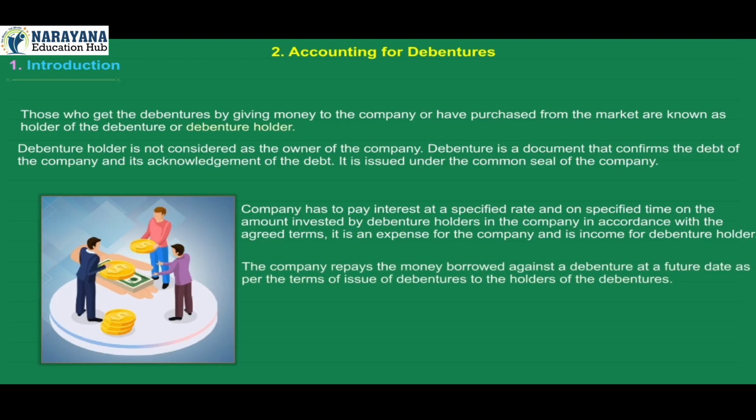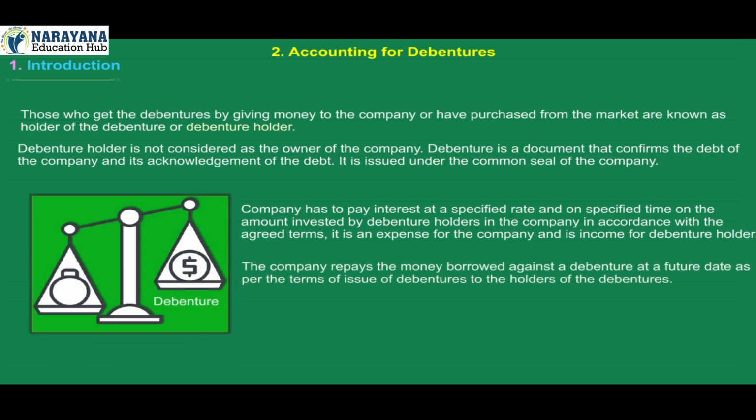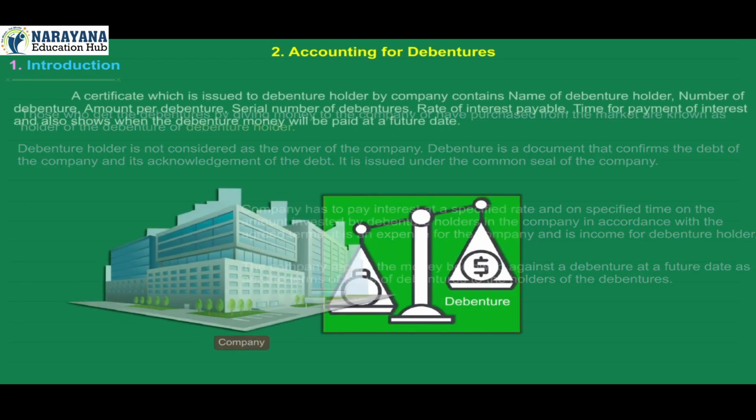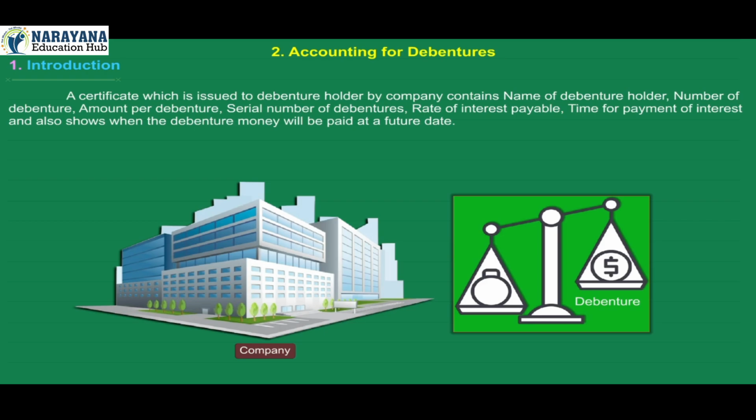The company repays the money borrowed against a debenture at a future date, as per the terms of issue of debentures, to the holders of the debentures. A certificate issued to a debenture holder by the company contains the name of the debenture holder, number of debentures, amount per debenture, serial number of debentures, rate of interest payable, time for payment of interest, and also shows when the debenture money will be paid at a future date.